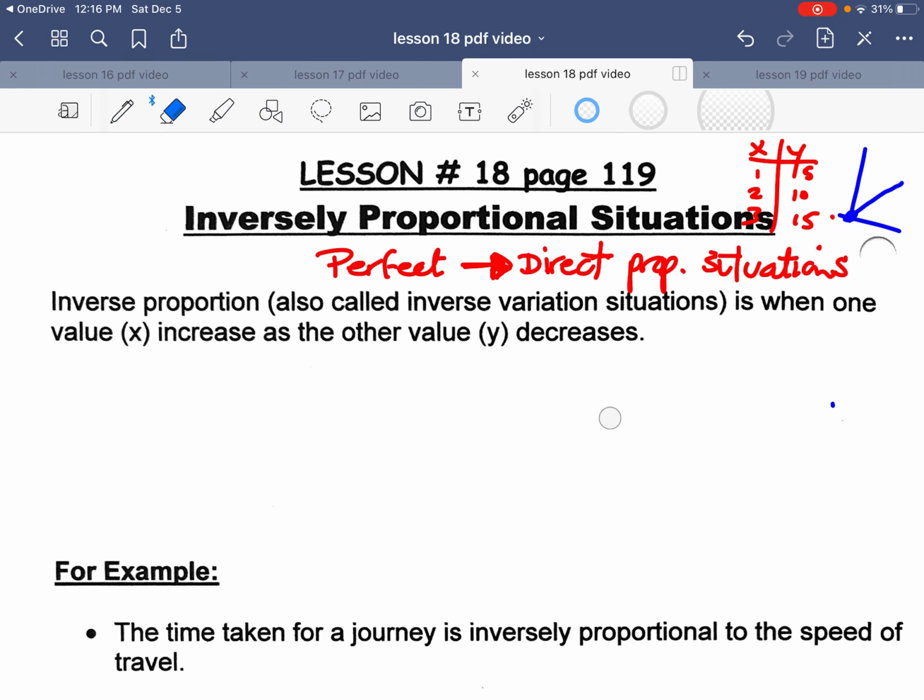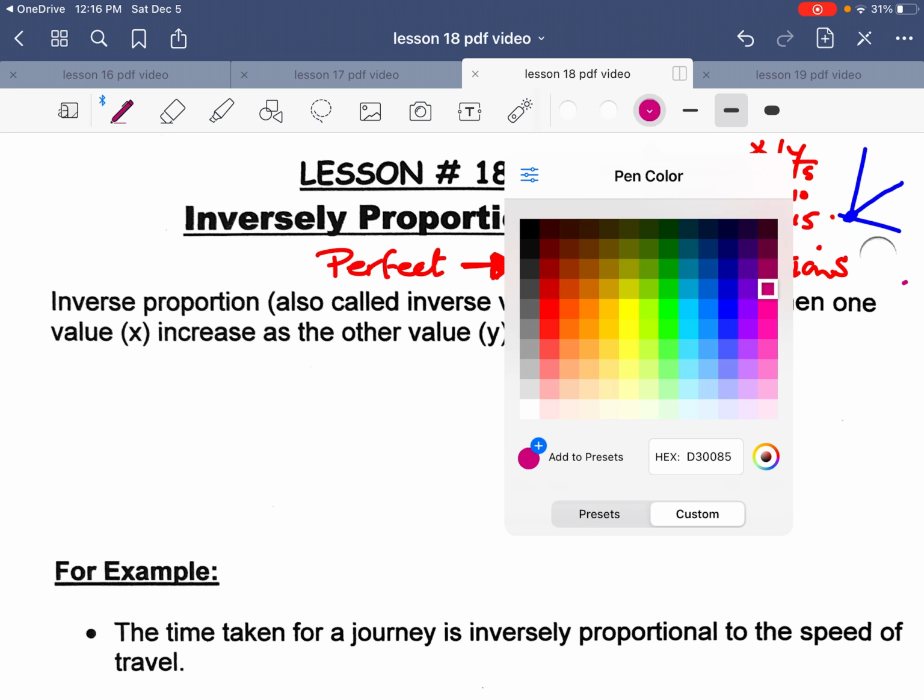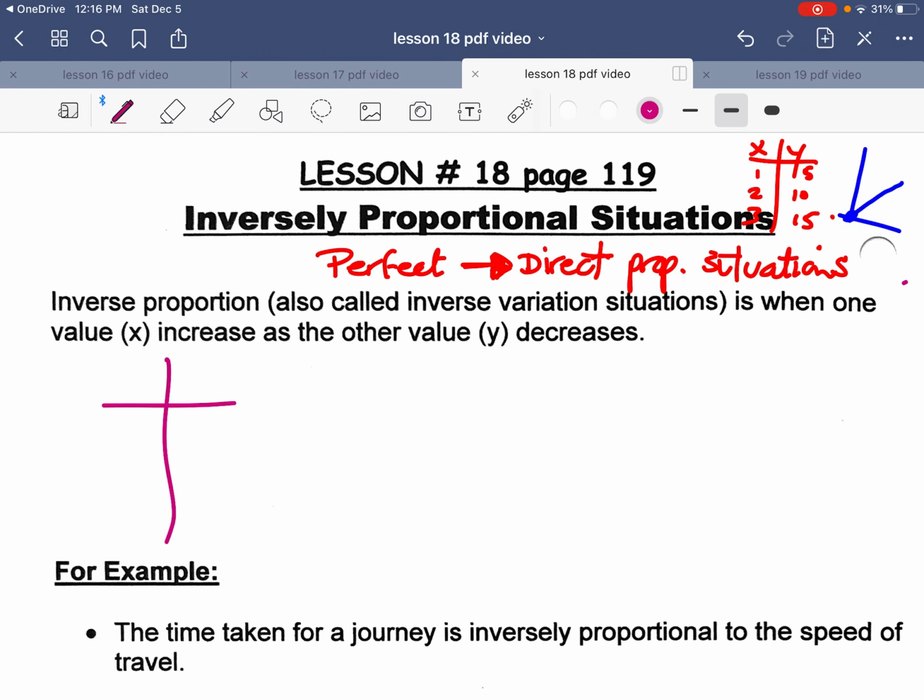Now the difference between that and what we're doing in this lesson is that we're calling this inverse proportion. And that means, like the statement said, inverse proportion, also inverse variation, is when one value x increases as the other value y decreases. So for example, if I have numbers like 1, 4, and 10, those are increasing, while my other one might be 100, 25, and 10.